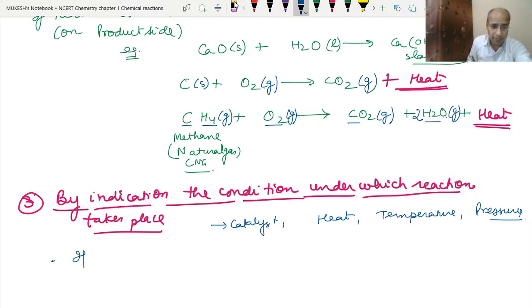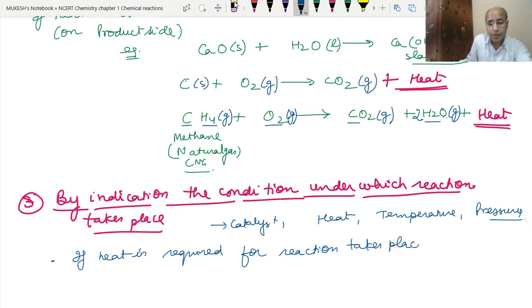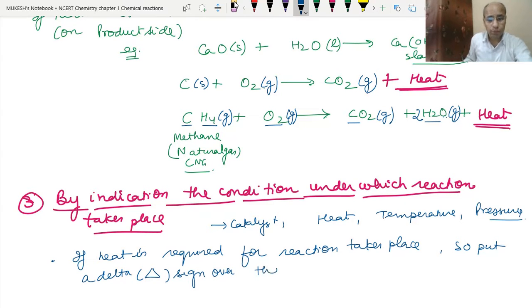If heat is required for the reaction to take place, as we have seen in many equations that we heated, that means the heat was required, so we put a delta sign. Delta means the triangle sign, over the arrow.